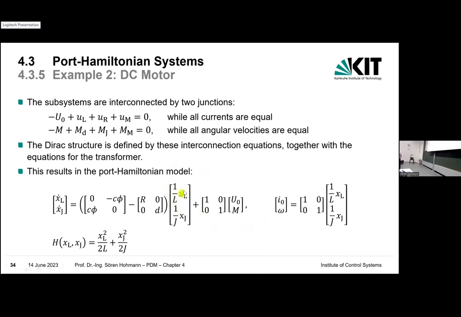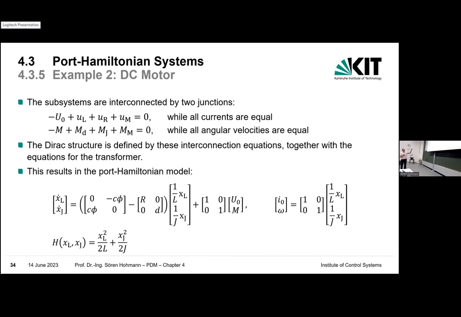Again, here I wrote down the state variables directly, but you might directly see if I do the derivative of this equation, H with respect to XL, I get the first state, and H with respect to XJ, I get the second state.